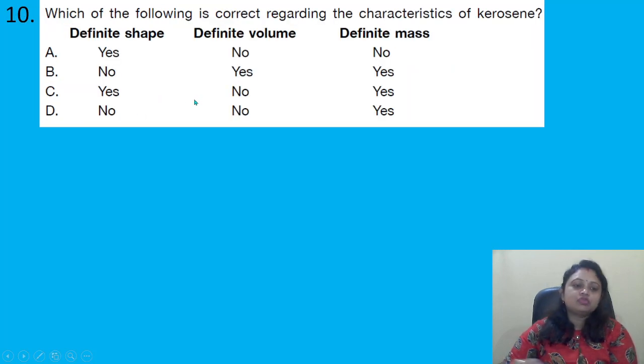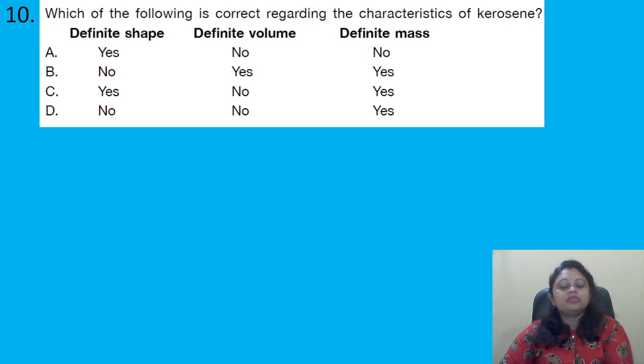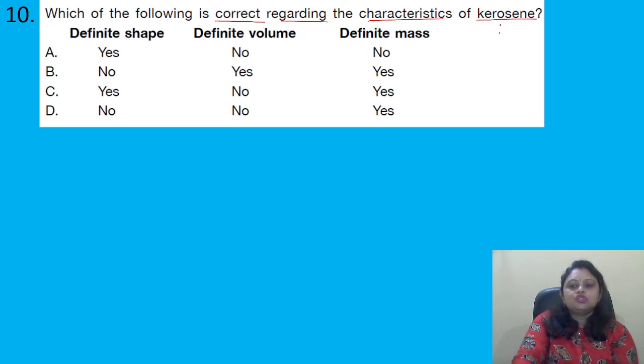Coming to the next question, which of the following is correct regarding the characteristics of kerosene? Options are A: definite shape, definite volume and definite mass, yes, no, no. B: no, yes, yes. C: yes, no, yes. D: no, no, yes. So we know kerosene is a liquid.